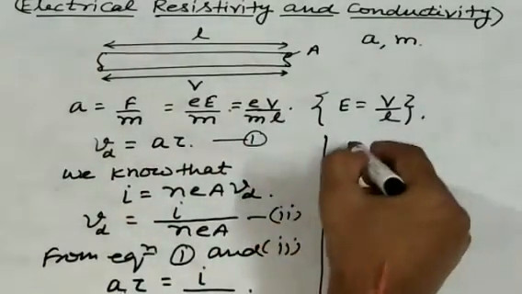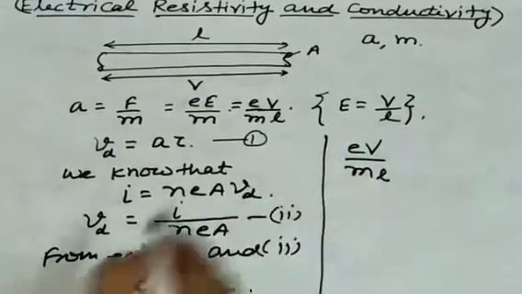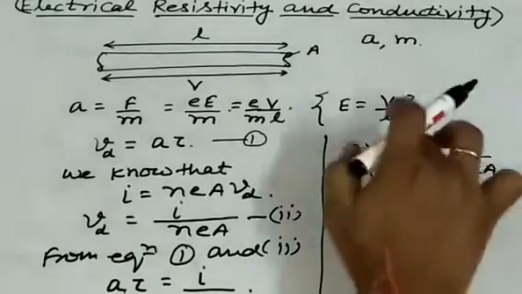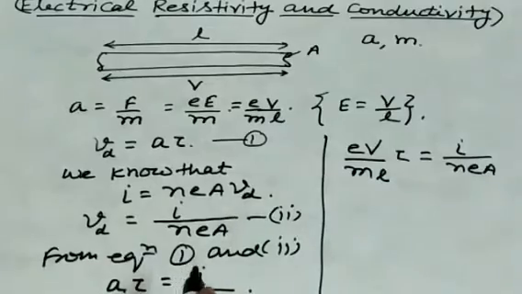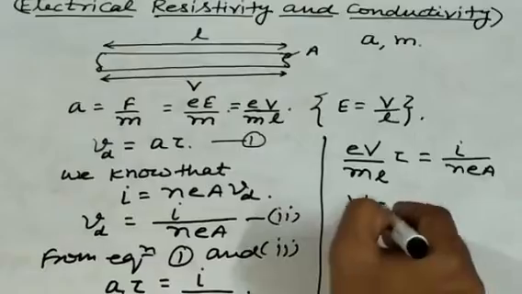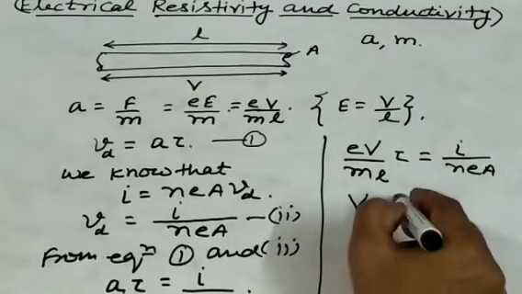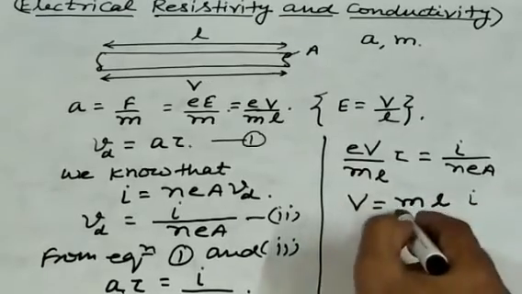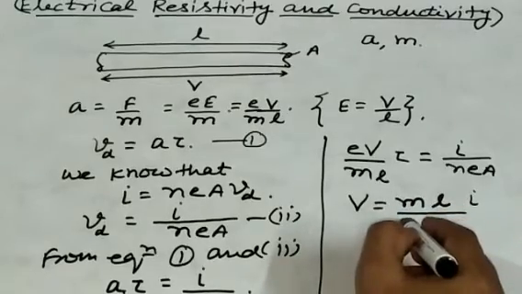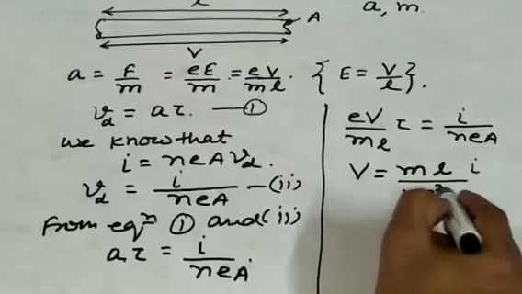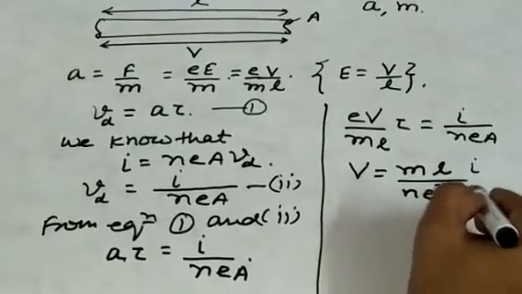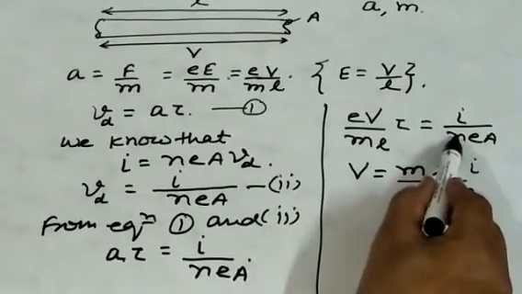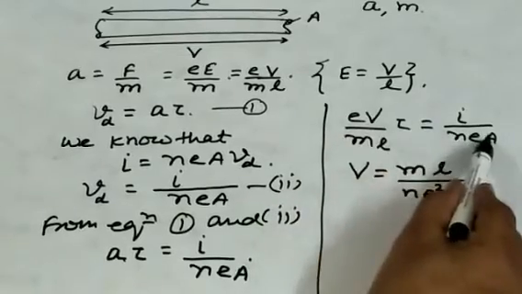So eV upon mL into tau is equal to I upon n e A. When we make V the subject of the formula from here, then V is equal to mLI upon n e square A tau.